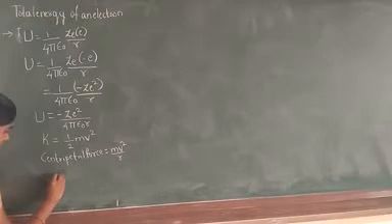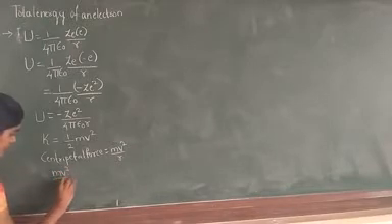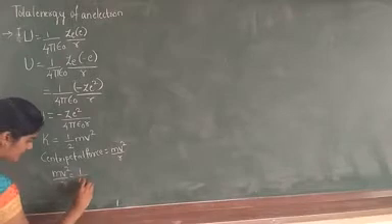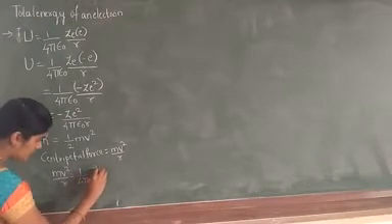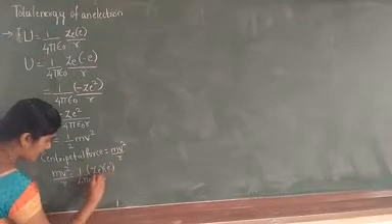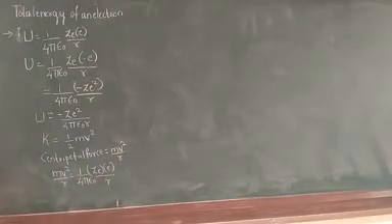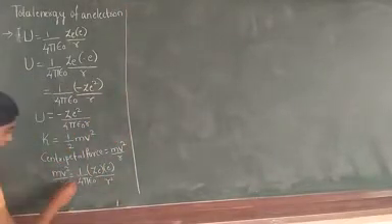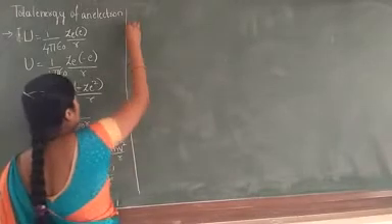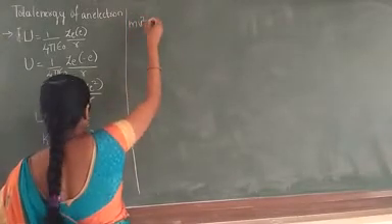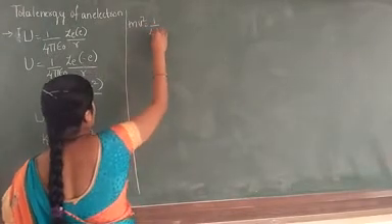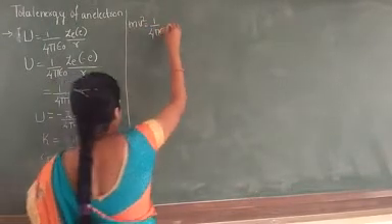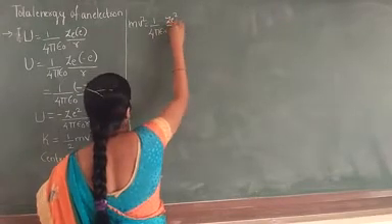So mv square by r is equal to 1 divided by 4 pi epsilon naught into Ze into e by r square. Cancelling the terms which get cancelled, r, the value of mv square is equal to 1 divided by 4 pi epsilon naught Ze square by r.